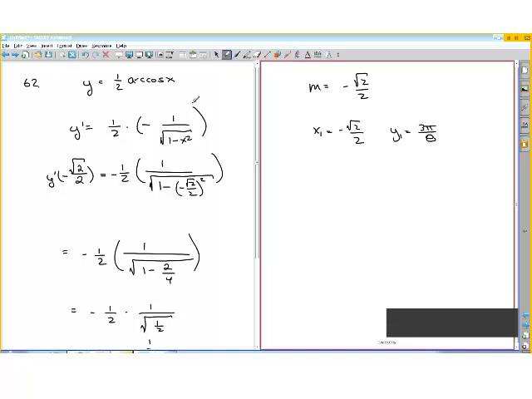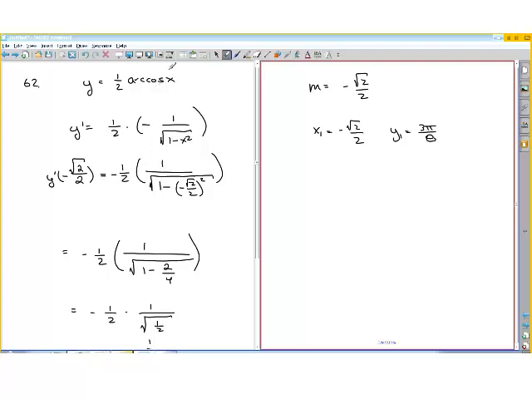If we wanted to, we could just plug in this, and what you'd find out is the angle whose cosine is negative the square root of 2 over 2 is, what is it? Negative pi over 4. Is that right? No, it's actually going to be positive pi over 4.